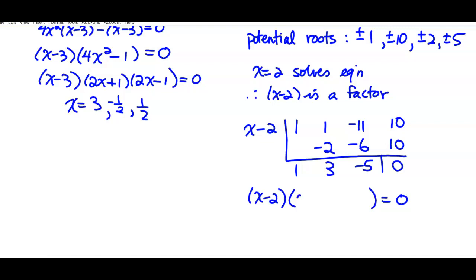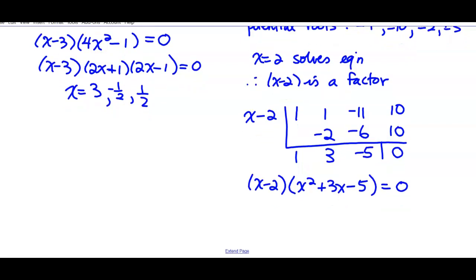So here, that's going to be x squared plus 3x minus 5. And you can see, you can't factor that. So that's why you need to solve that part using the quadratic formula. Okay. You should remember it, you will be given it, but you really should remember the quadratic formula.